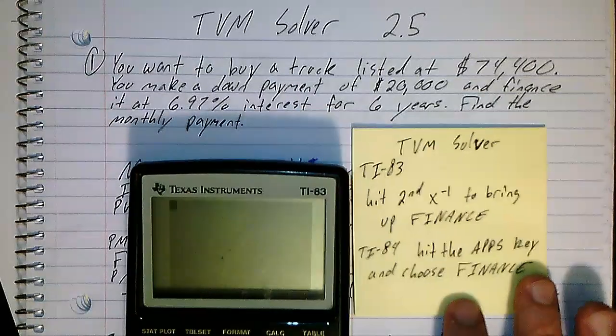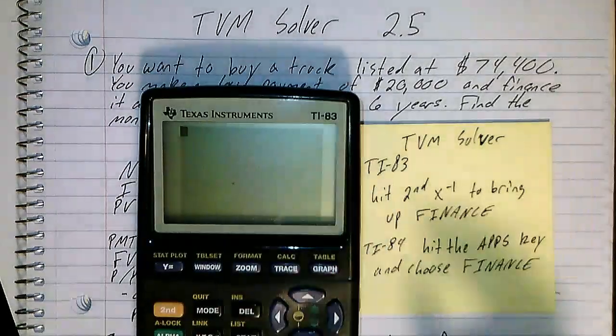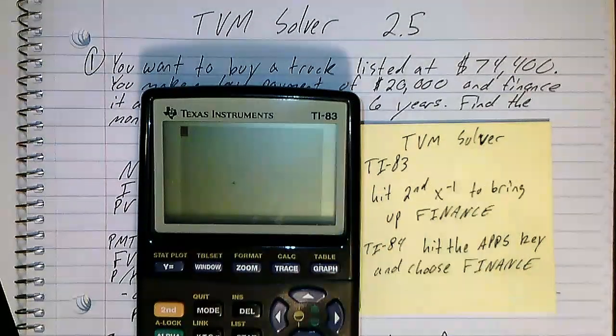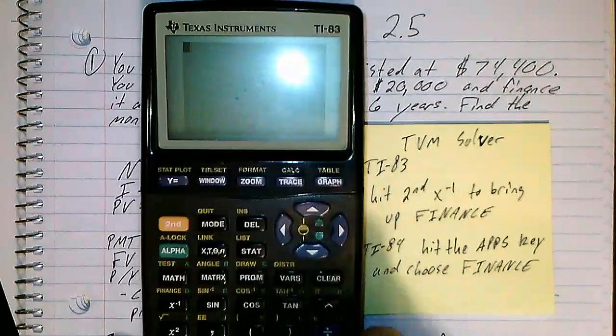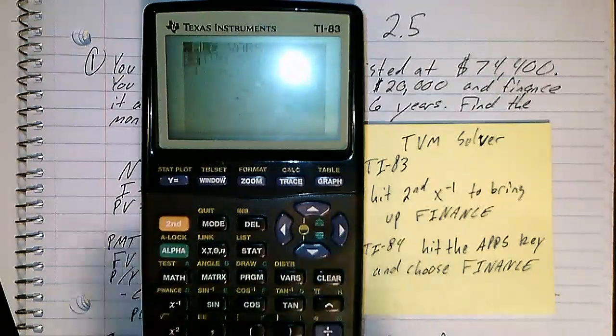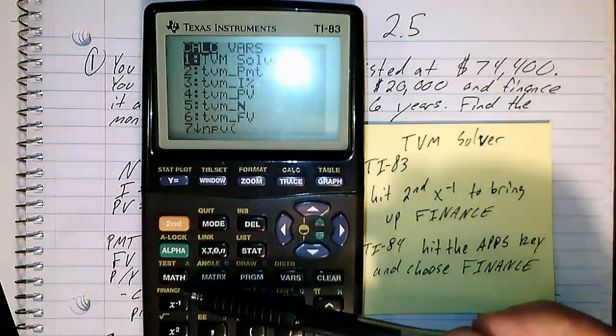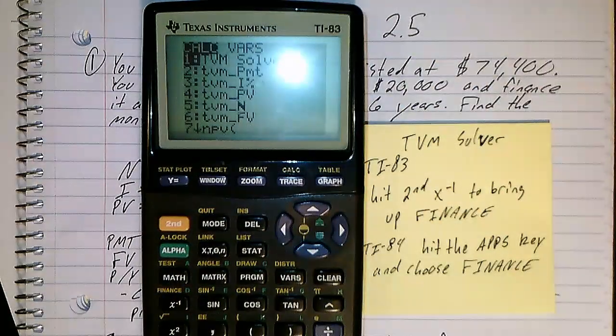Again, with an 84, there's an apps key, I believe it's up there on the top left. With an 83, we're going to hit second and then X to the negative first, this button right here. So second, X to the negative first, brings up finance. And we hit enter when TVM solver is highlighted.